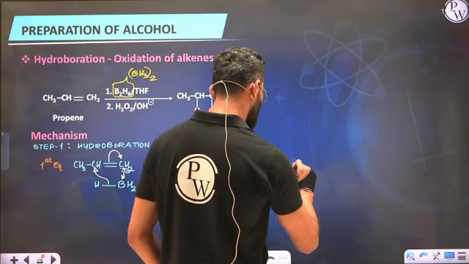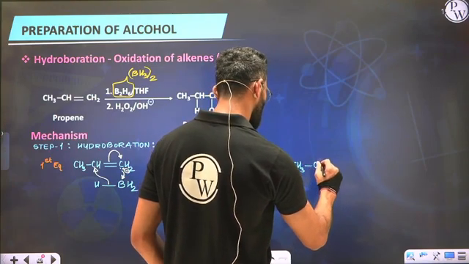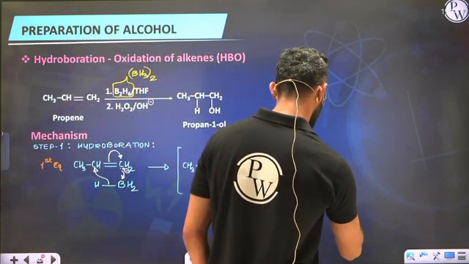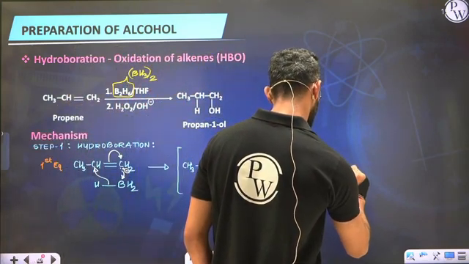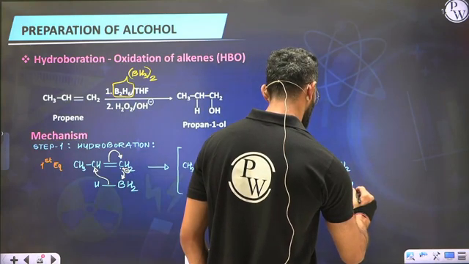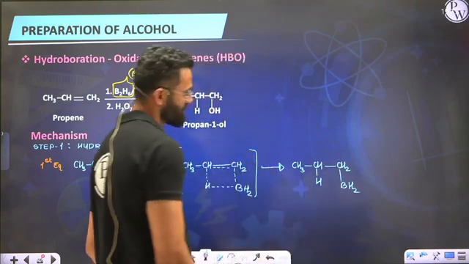So we will be getting CH3, CH, single bond, CH2 connected to BH2, and this is the new bond between carbon and hydrogen.